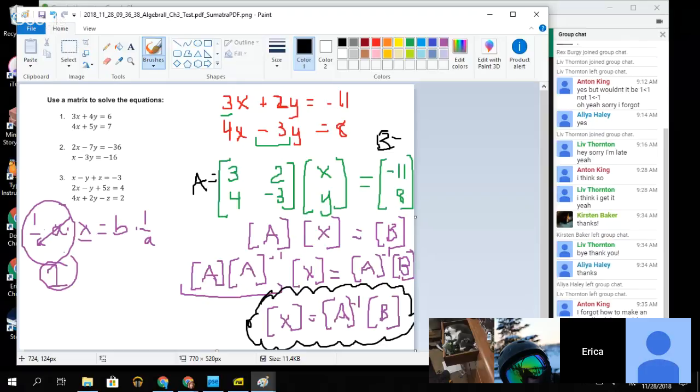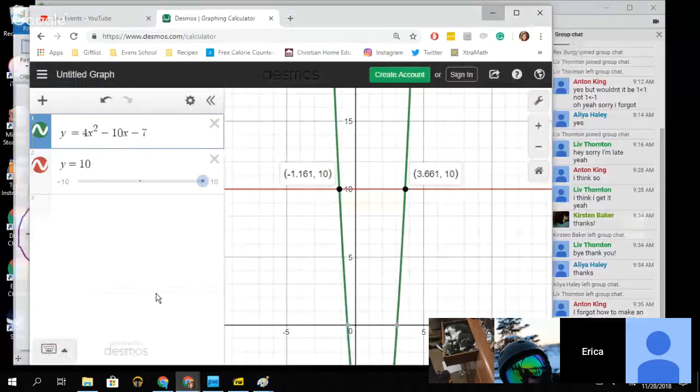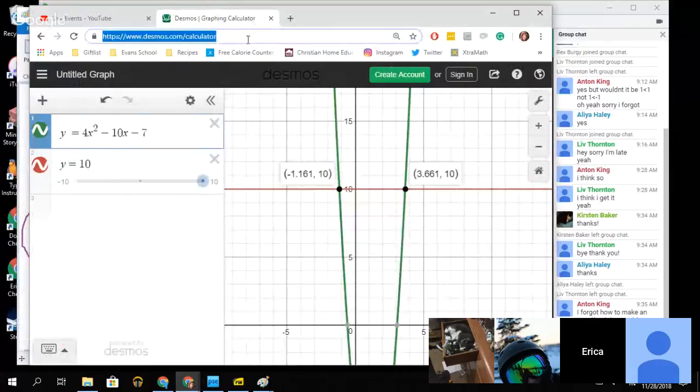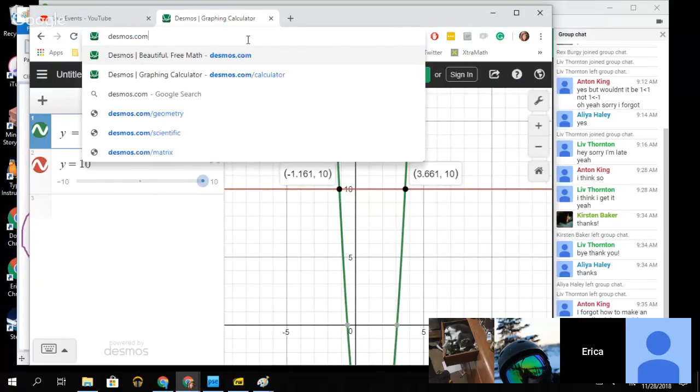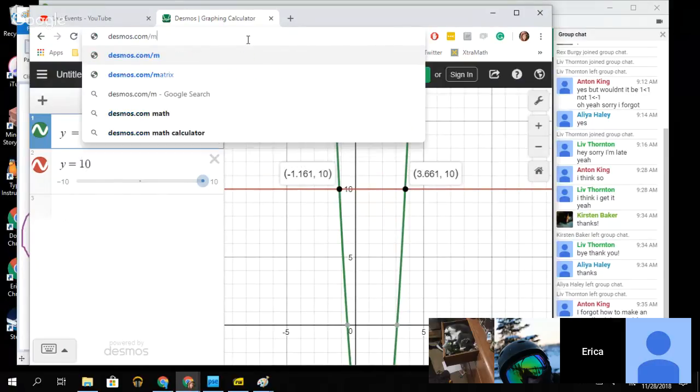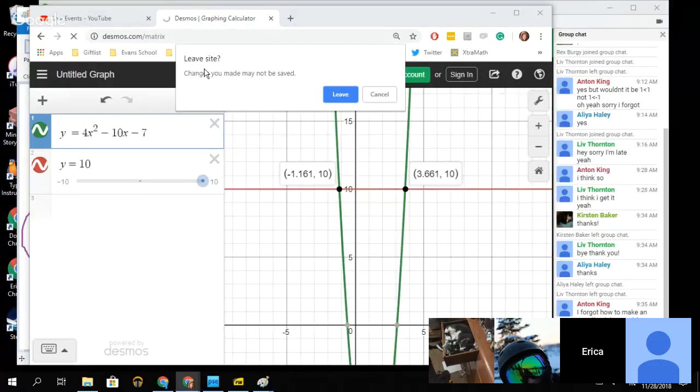I think all of you have access to TIs, and I know we practiced in class how to put it in. I don't have an online TI, so I'm going to go with Desmos for this, but you can totally use your TI. Actually, TIs are better at matrices.